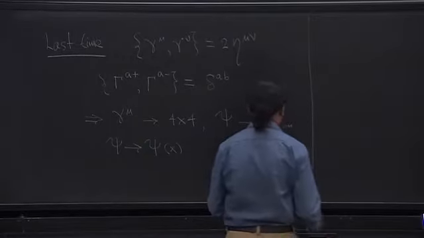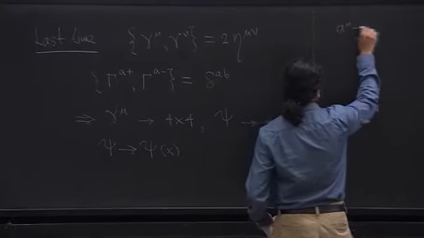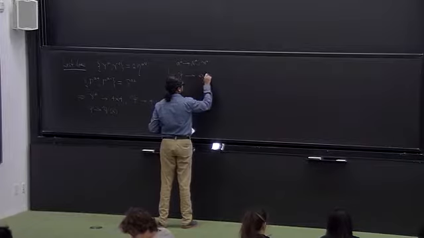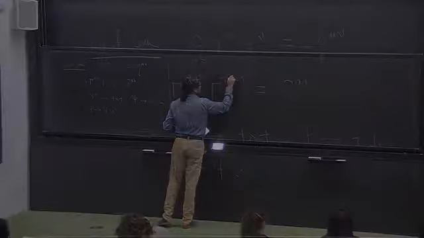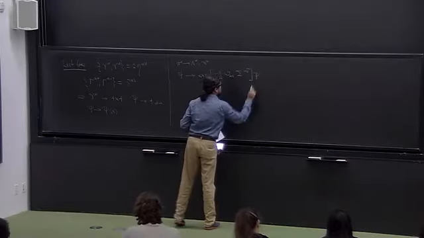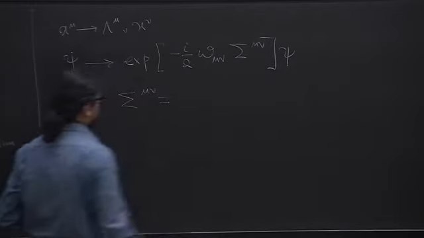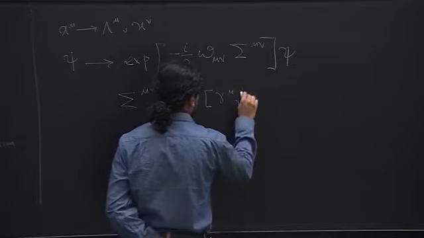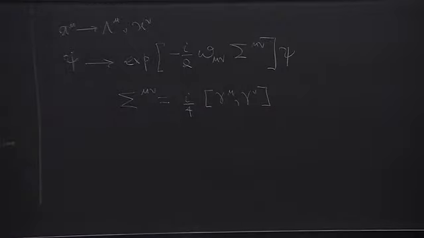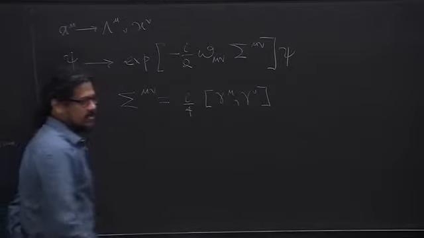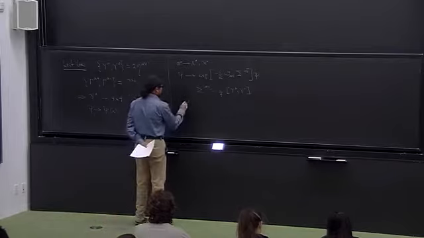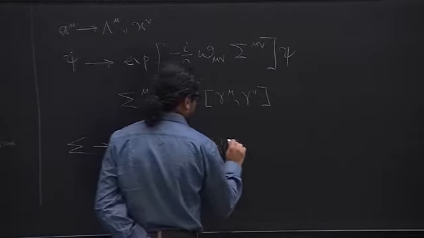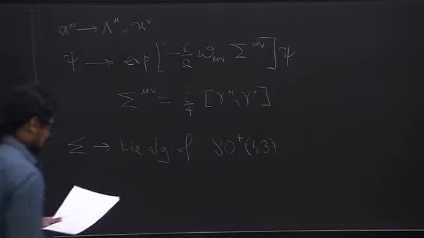We then made the assumption that under a Lorentz transformation, the Dirac spinor transformed in this way, where if we assume that the generators of this representation are given by the commutator of the gamma matrices, then using an identity, one can show that these guys satisfy the Lie algebra of the Lorentz group, the orthochronous proper Lorentz group. Okay?